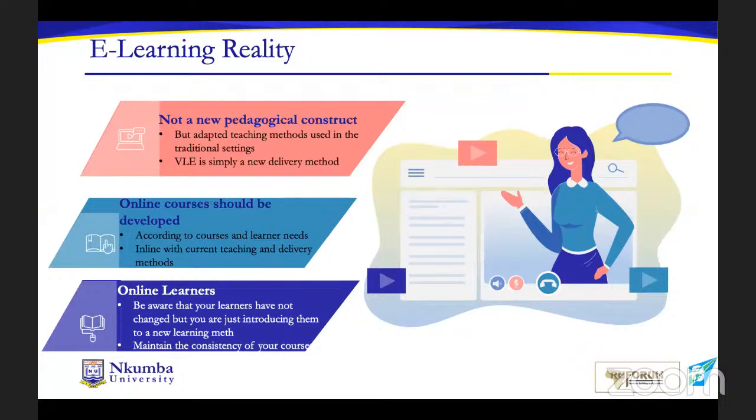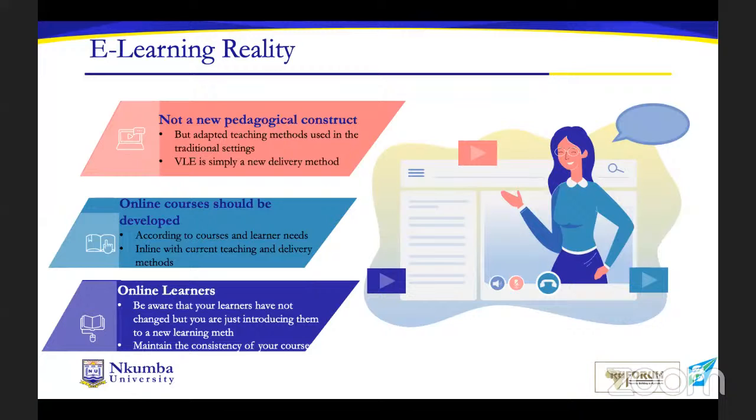The other reality on the ground is that online courses should be developed. Not everything that is out there online is good for education. An online newspaper may not necessarily be good for education.